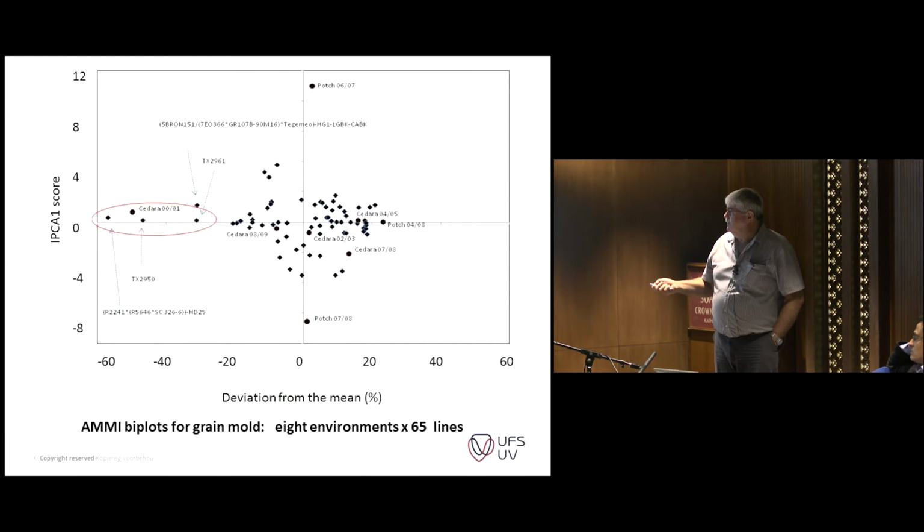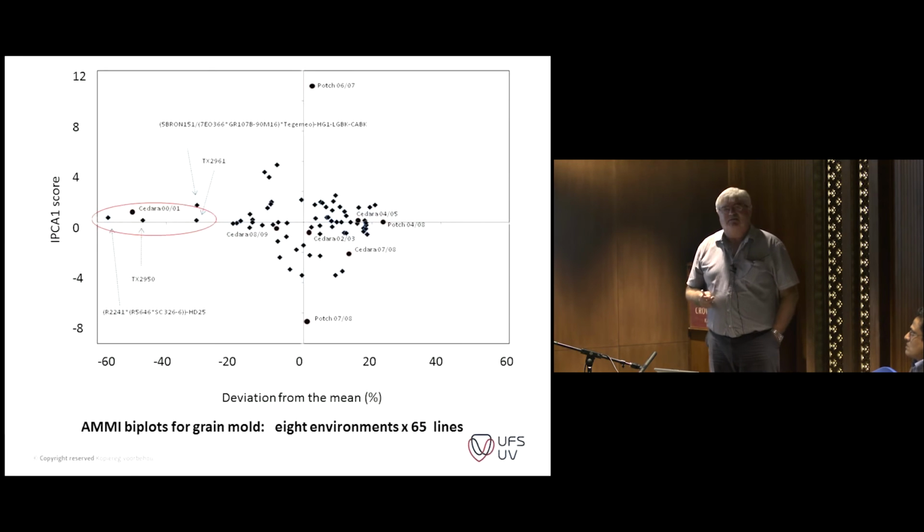The closer the genotype falls on this zero line, the more stable the response over seasons. So ideally what you want are genotypes like this that are stable over different environments and also giving you less disease than the rest.